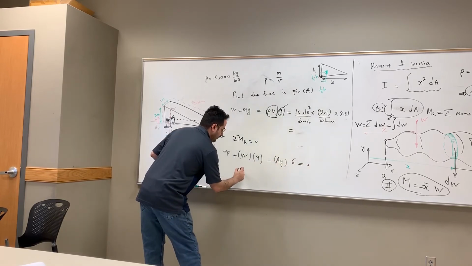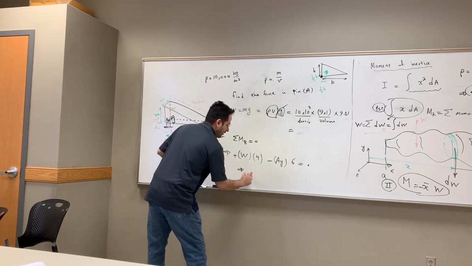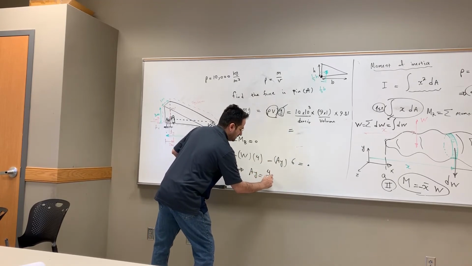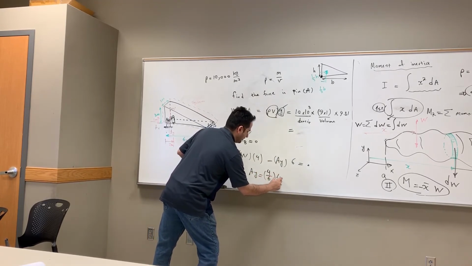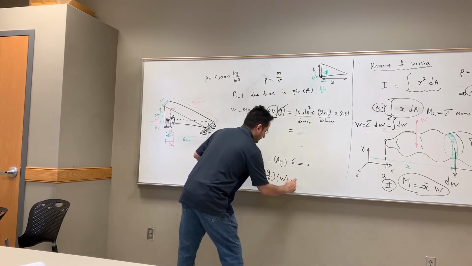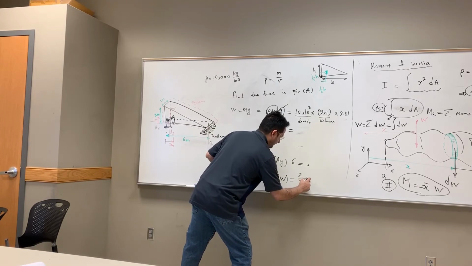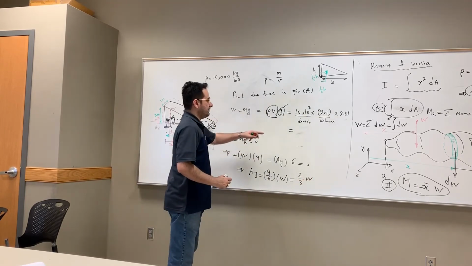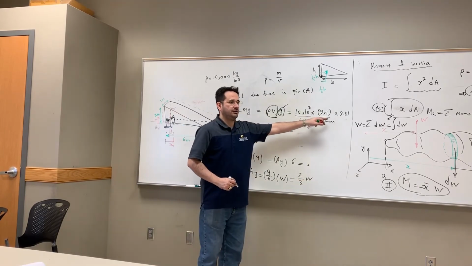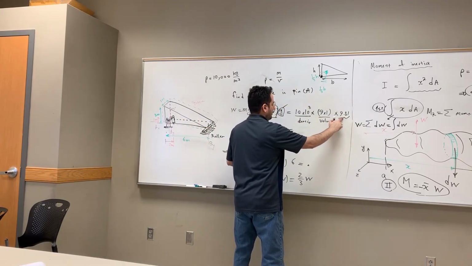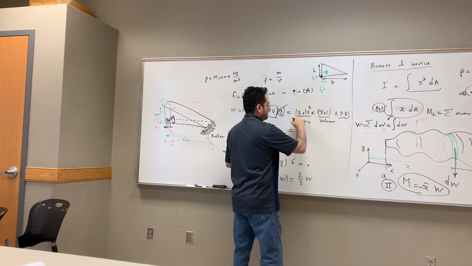So in fact, Ay, the answer to the problem, is 4/6 times W, or 2/3 of the weight. Whatever the weight comes from here, this is almost 10 to 4, it's 882,000.